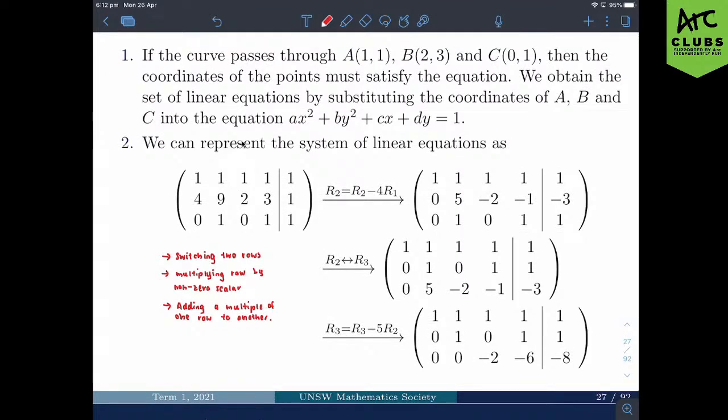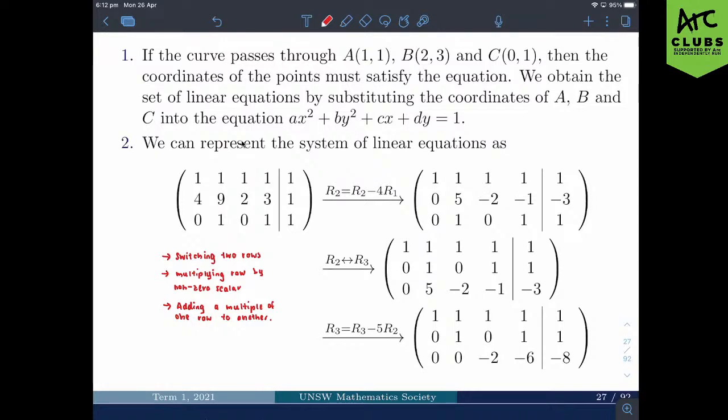And so I guess the way to do it is to get rid of any leading entries of a row that is in the same column as leading entries in the rows above it.